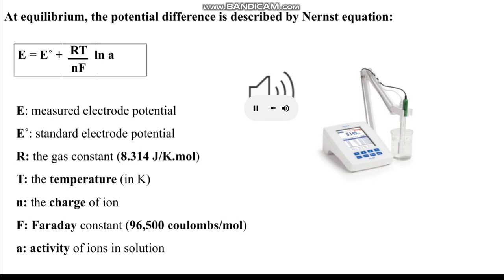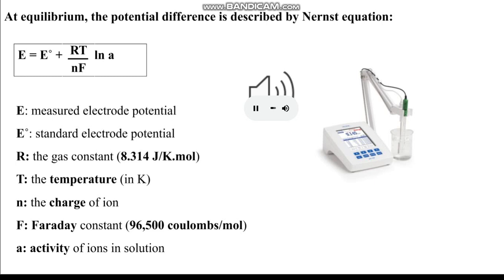The Nernst equation says the measured electrode potential E equals E naught, the standard electrode potential, plus RT over nF, where R is the gas constant, T is temperature in Kelvin, n is the number of charges or electrons, and F is the Faraday constant, multiplied by ln activity. These values are measured using a pH meter.